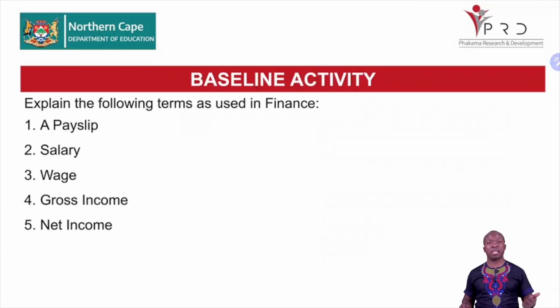What's a pay slip? What's a salary? What's a wage? What is a gross income? What's a net income? Can you please help me? Practice makes perfect. Write down your answers so that we can go on. Yes, 5 minutes because 1 minute for one answer, so that we can go.